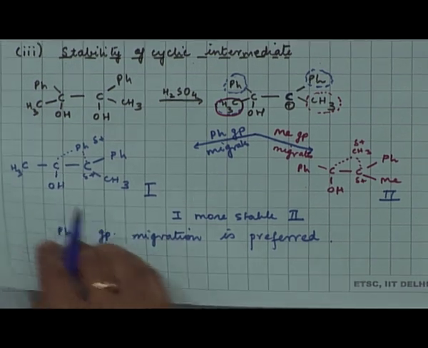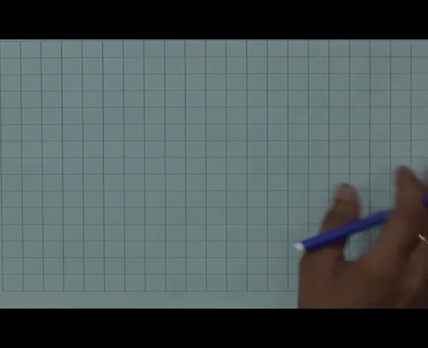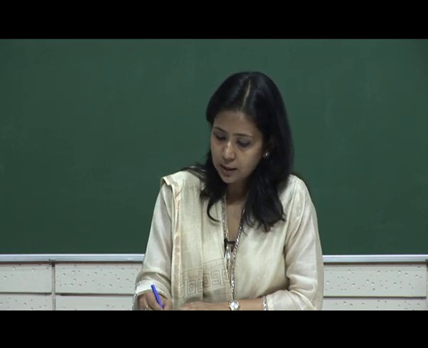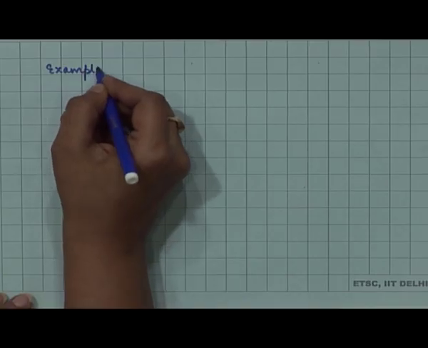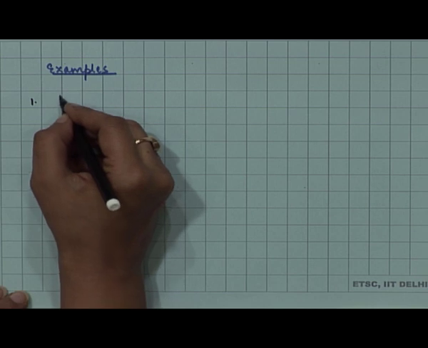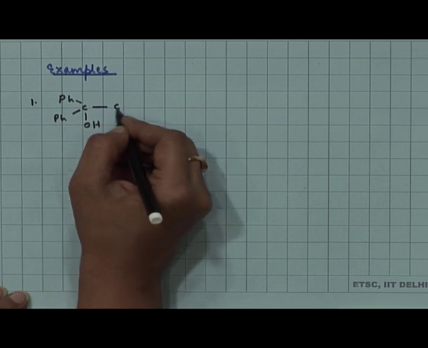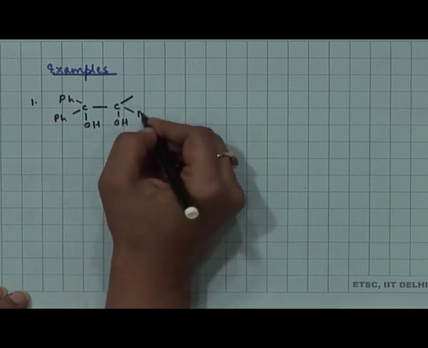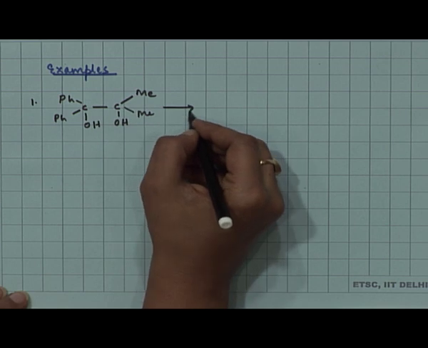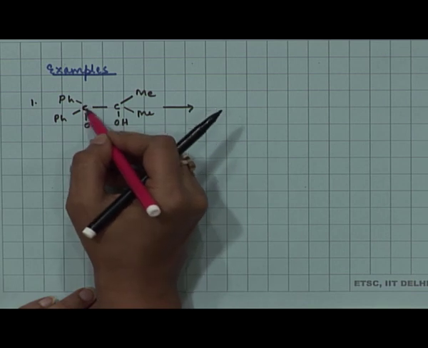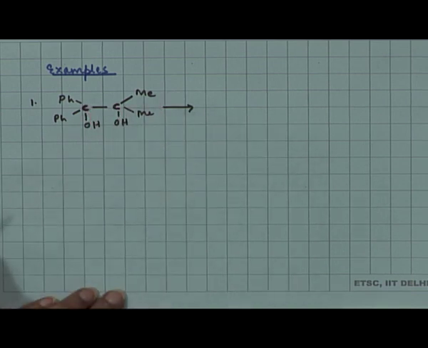Based upon this logic which we have just discussed, let us take a few examples and see what products arise from this pinacol-pinacolone rearrangement. Let us take some examples to validate what we have just said. In this case you have two different tertiary carbons, and each of the tertiary carbons is capable of giving you a carbocation.